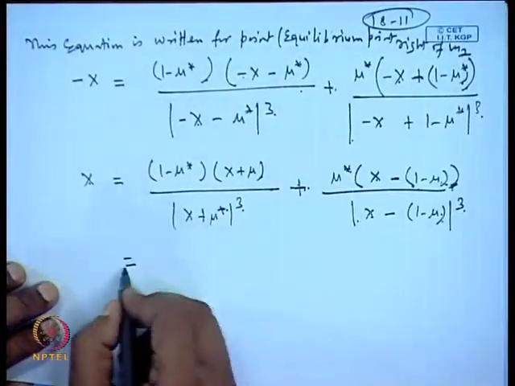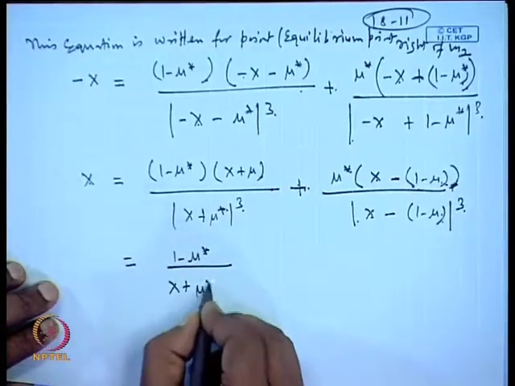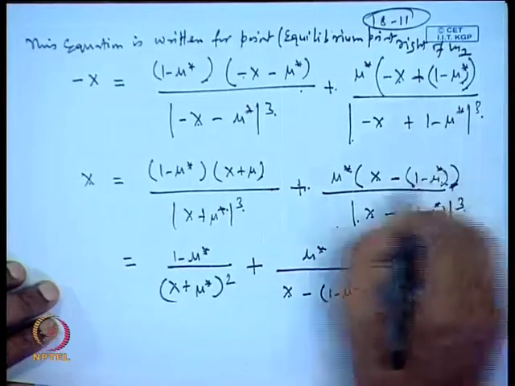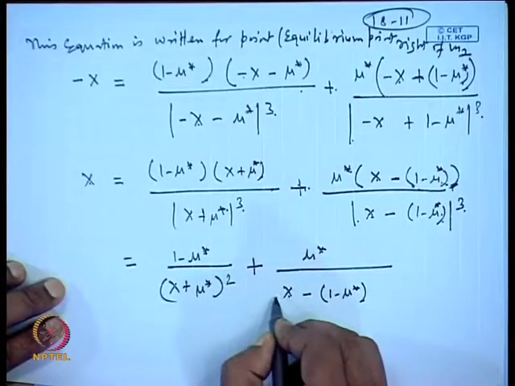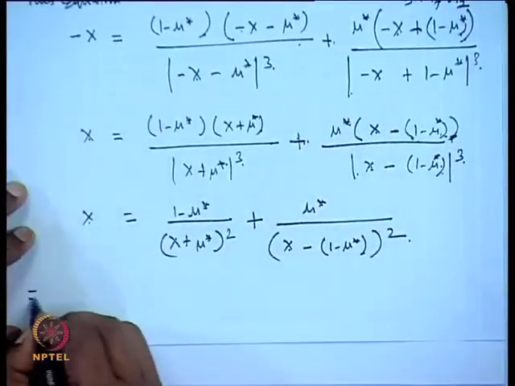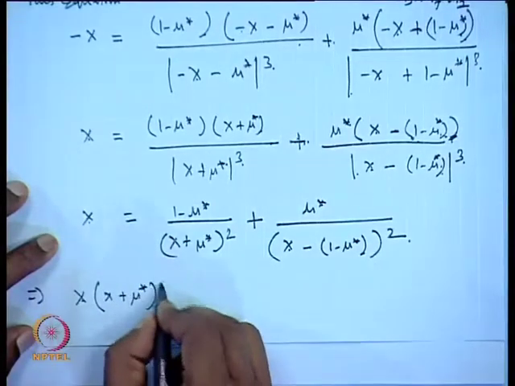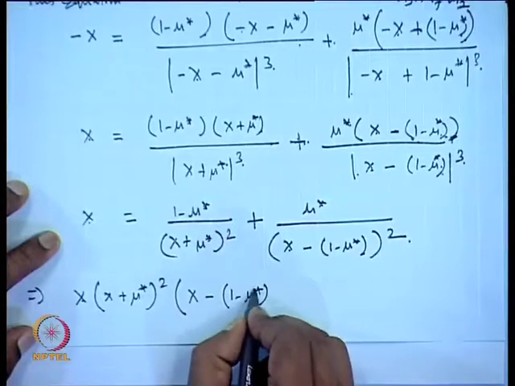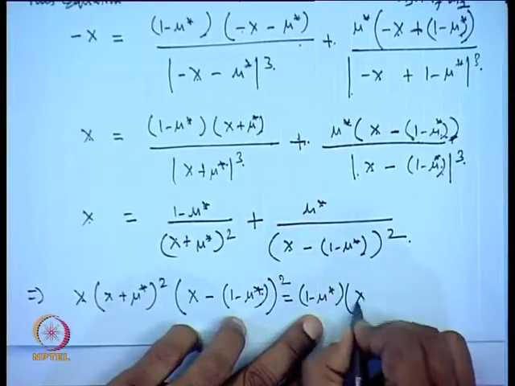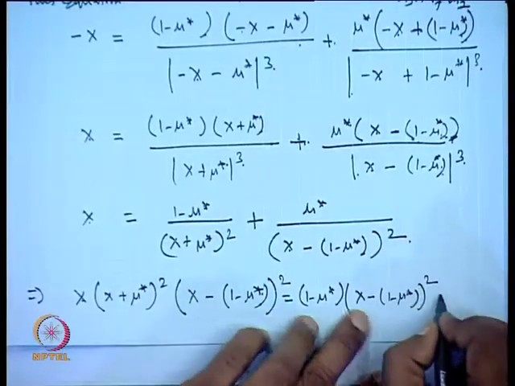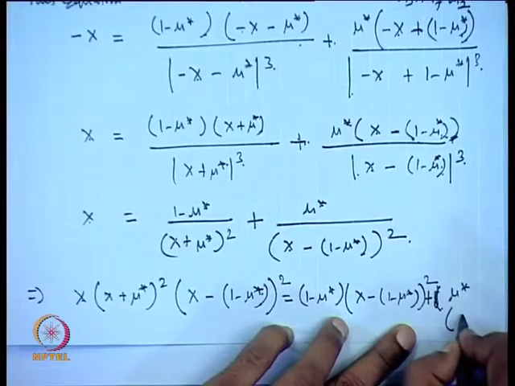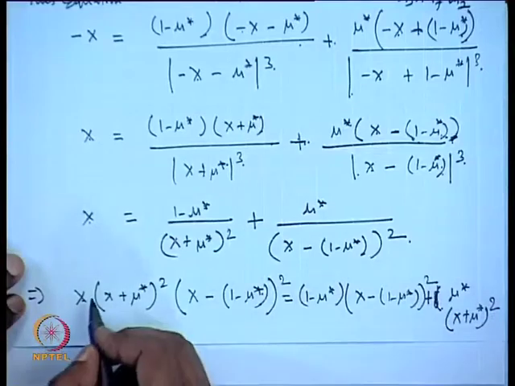So, this gives us another equation which we can write as 1 minus mu star divided by x plus mu star whole square plus... Okay, so this is our next equation.